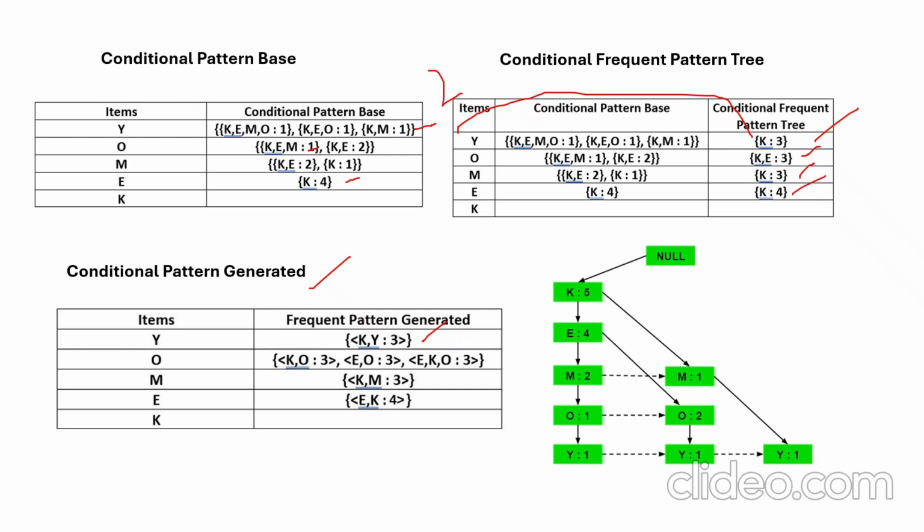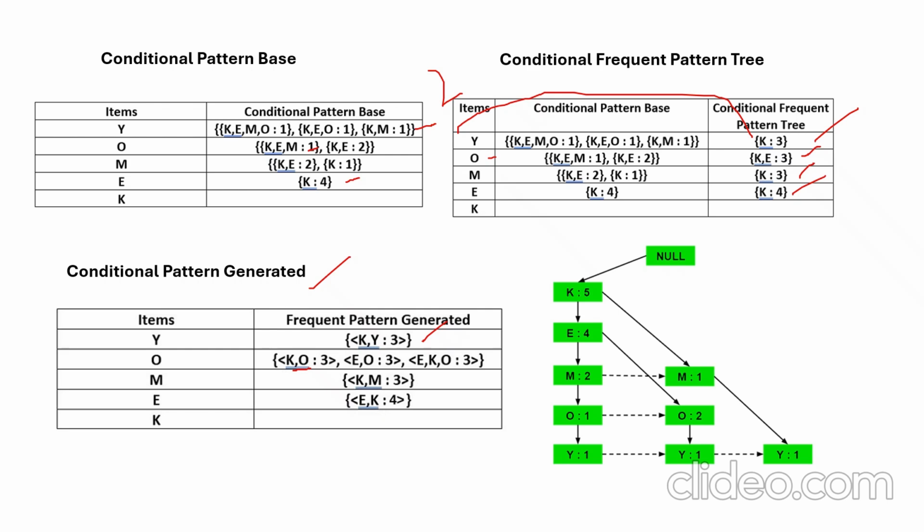And now you have K comma E is 3 where the item is O. So K comma O is 3 and E comma O is 3. And also we can make the combination of K comma E comma O, which is again 3. So here we know that K comma O is 3, just by combining the support count we can do it.